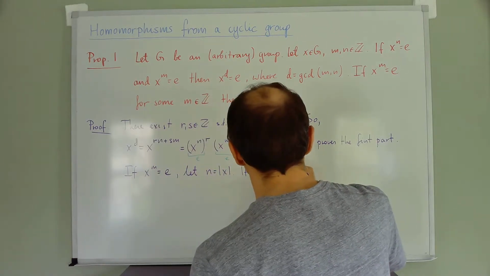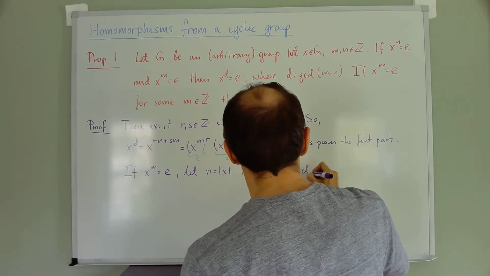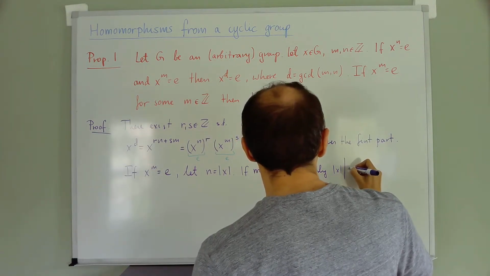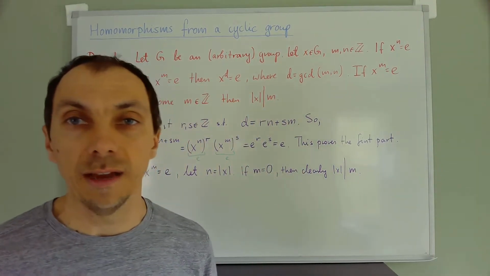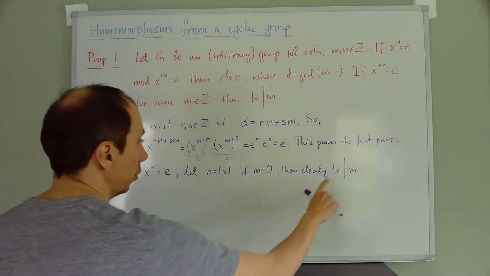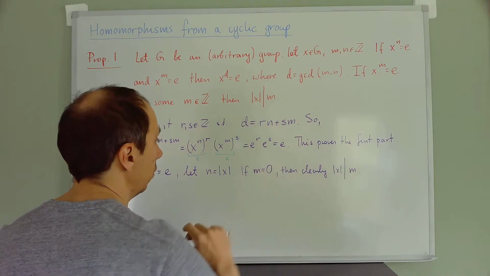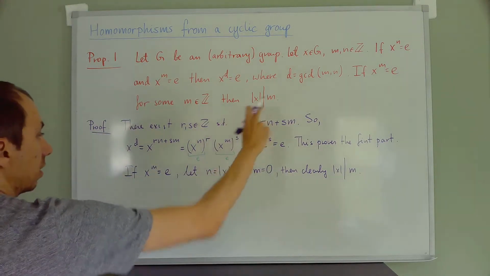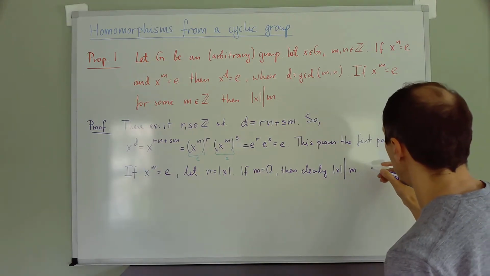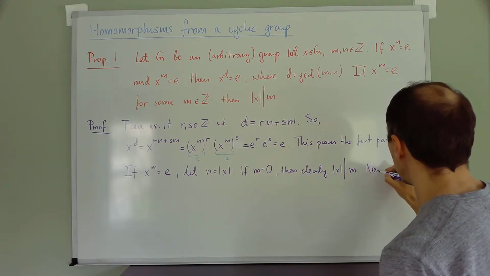But then clearly the order of x divides m, because every non-zero integer divides 0. The order of x is a non-zero integer, so if m is 0, then we get that claim. So now assume m isn't 0.